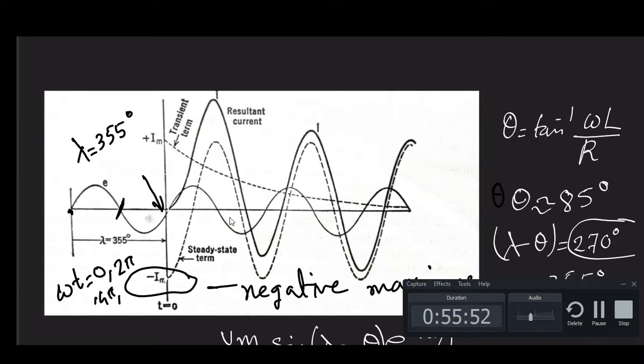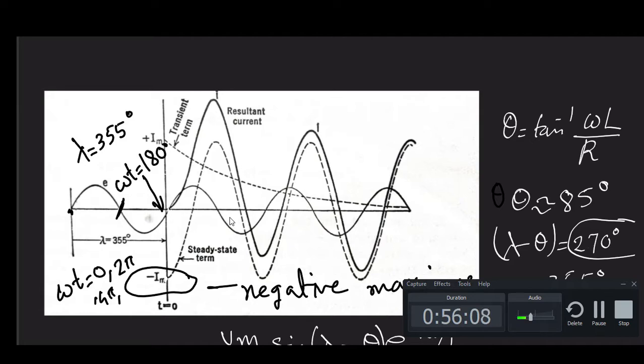Then obviously you can argue that my lambda minus theta will become how much here at say omega t is equal to almost 180 degree. What would happen?